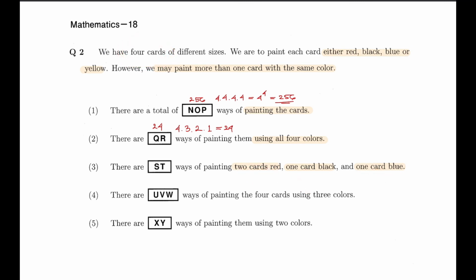So the first thing is, from those 4 cards, we have to choose 2 cards and then paint them using red. From 4 cards, choose 2. So we can use combination 4C2.